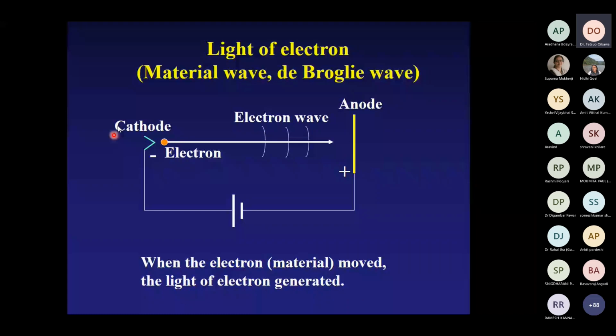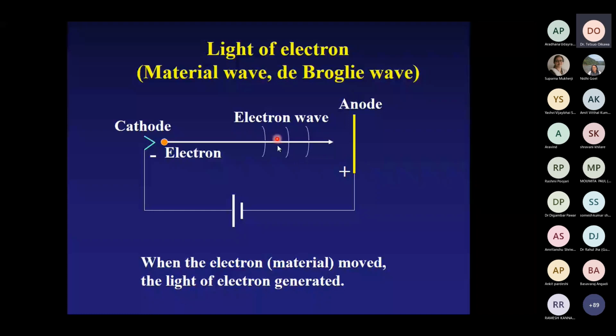This is just a simple understanding: the electron, negatively charged, is accelerated in vacuum and starts running at high speed toward the anode, the applied voltage. This electron movement is equivalent to the generation of an electron wave. This idea was developed by Professor de Broglie, and the wave is named the de Broglie wave or matter wave.